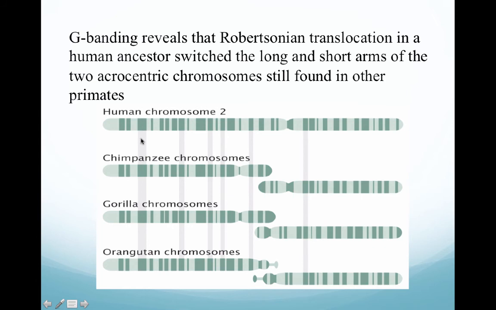And then we see 1, 2, 3, 4, 5 different other commonalities between the primates as well as us. And this is just for chromosome 2. So just think about how many more pieces of chromosomal information on the other chromosomes relate back to these primates as well.